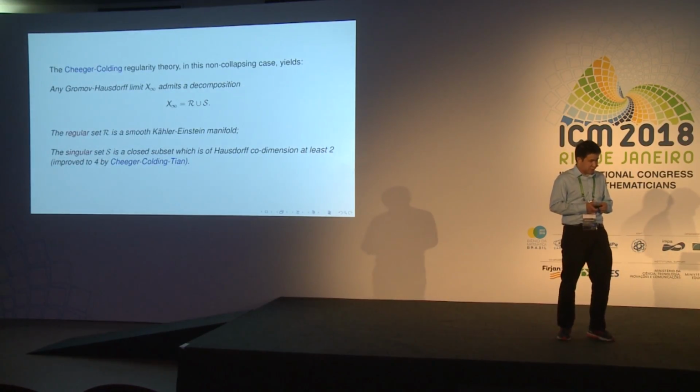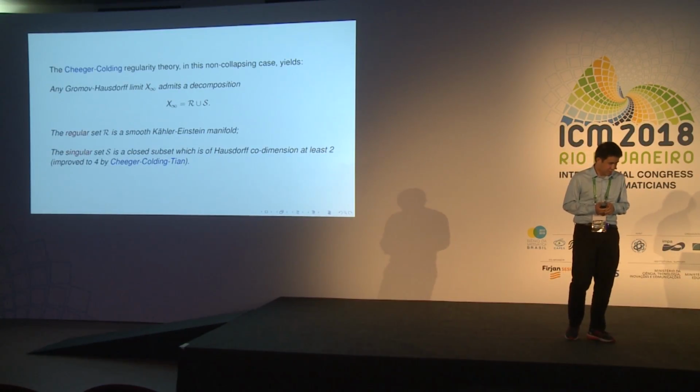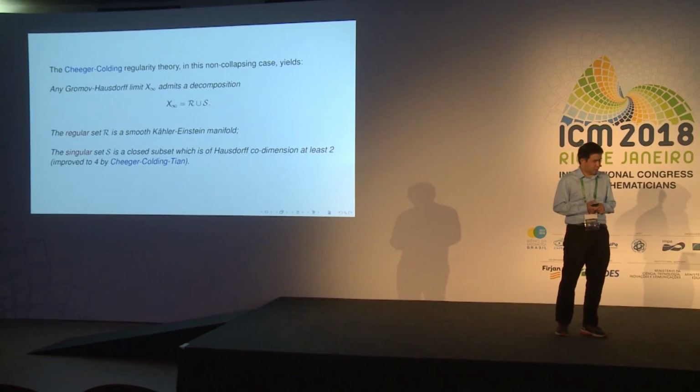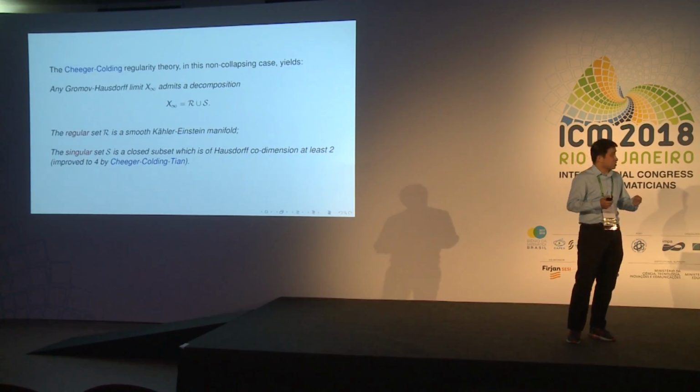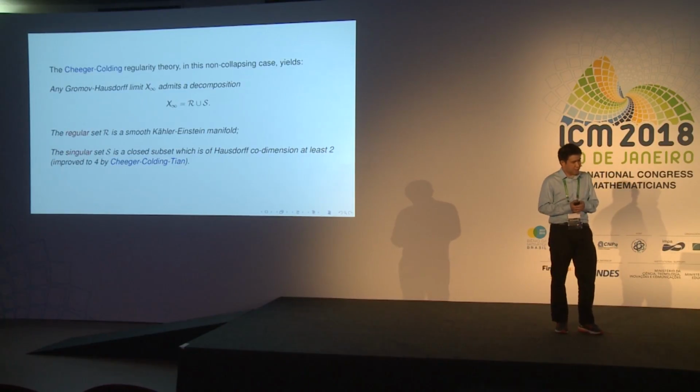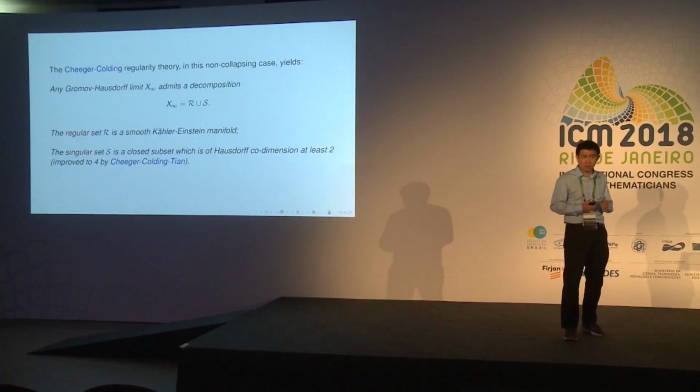So this non-collapsing condition allows us to use deep results in the regularity theory of convergence of Riemannian metrics due to Cheeger and Colding: any Gromov-Hausdorff limit admits a decomposition into the union of a regular set and a singular set.